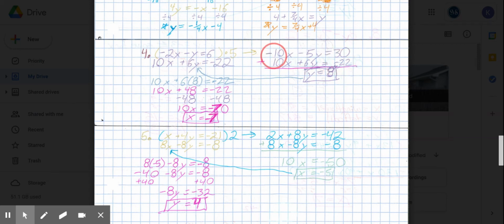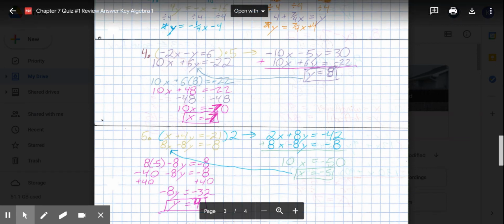So when we add those, the negative 10x and positive 10x cancel. Negative 5y and 6y is just 1y. 30 plus negative 22 is 8. So y equals 8. Now that we know what y equals, we substitute that back into our original equation. So I put it back into 10x plus 6y equals negative 22.